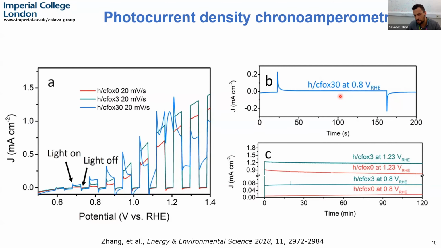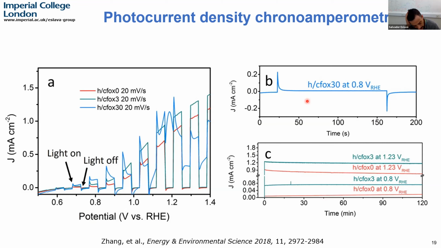However, if you add a very small amount, which is just like a surface modification, because it's less than 0.7 nanometers, you have better photocurrents and stable photocurrents, as you can see here. And the stability is comparable to that of the pure hematite photoanode. So that was very interesting.